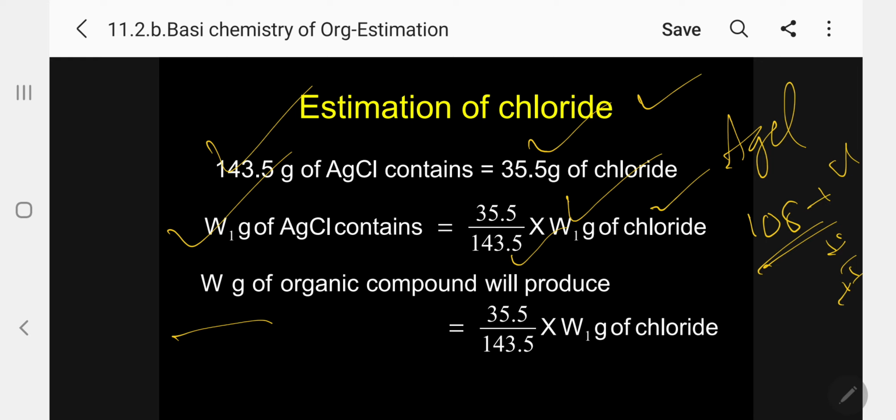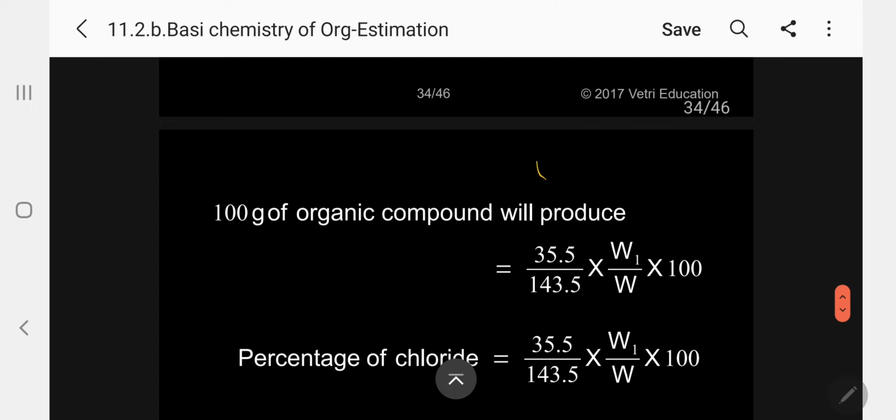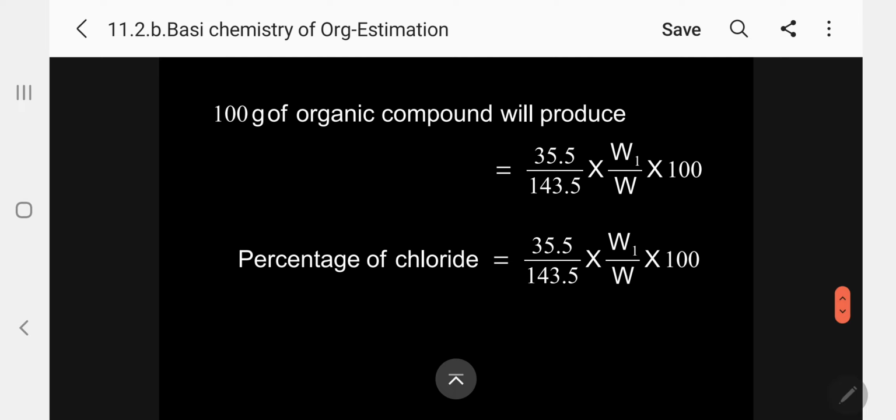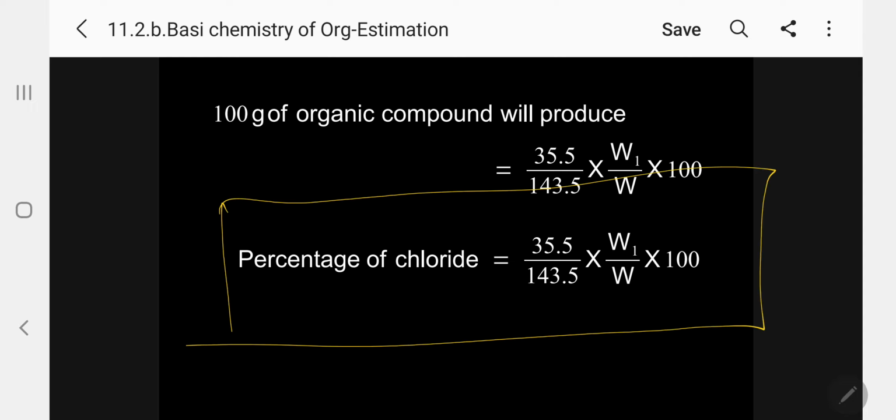So W grams of organic compound will produce 35.5 divided by 143.5 into W1 by W. For 100 grams of organic compound it will produce 35.5 divided by 143.5 into W1 by W into 100, or percentage of chloride.